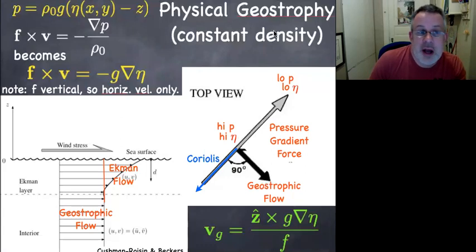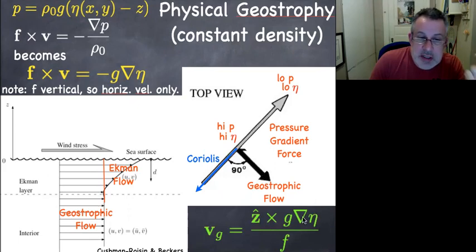So if we go to a constant density version of this force diagram, we can replace everywhere where there's high pressure with sea surface high, and everywhere where there's low pressure with sea surface low. We get a geostrophic flow that goes like this, and if you work out all the factors, the geostrophic velocity goes like z hat cross g times the gradient of eta, the gradient of the sea surface height, over f.